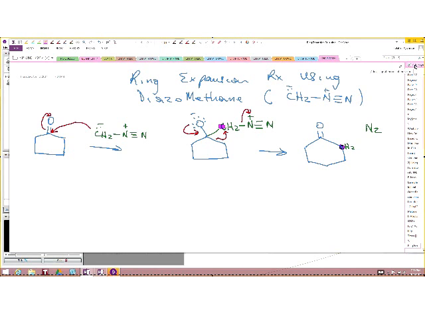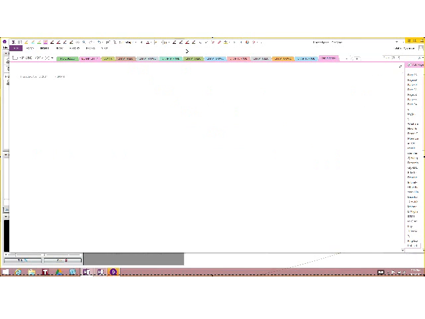Okay? Of course, before we finish this chapter, you guys know about the reaction that is also related to enolate ion formation.